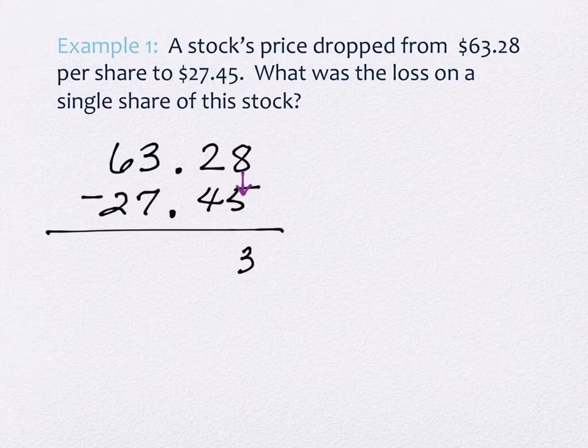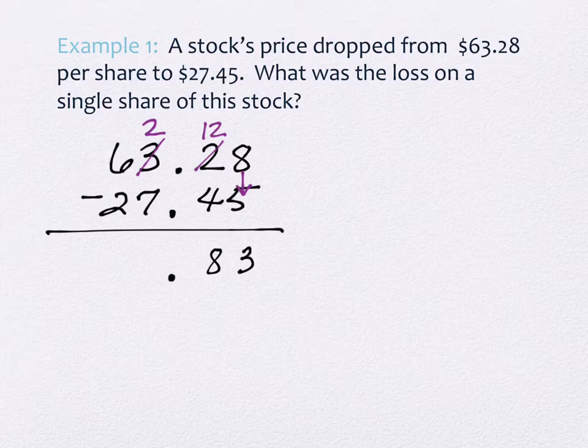I have to take one of my dollars right here. This $3 becomes $2. And I take that dollar and turn it into 10 dimes. Now I have 10 dimes plus the original 2 dimes. I have 12 dimes. And now I can take away 4 dimes from 12 dimes. So 12 minus 4 would be 8. And I'm going to bring my decimal point down.